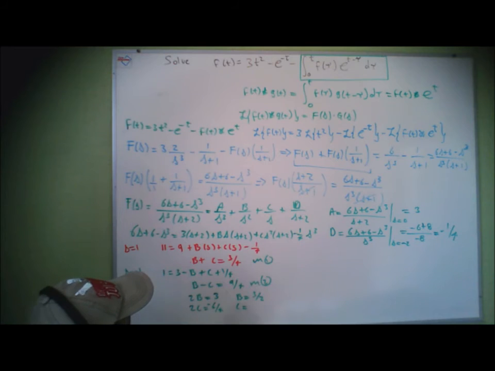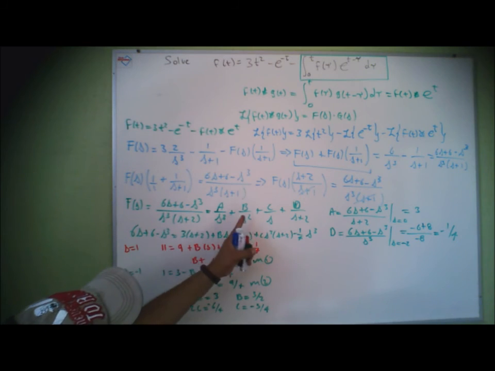Is going to be minus, see, 3 minus 3 over 2. Yeah, minus 3 over 2. No, minus 3 quarters, sorry. Minus 3 quarters. Okay, so we got the values of A, B, C, and D.